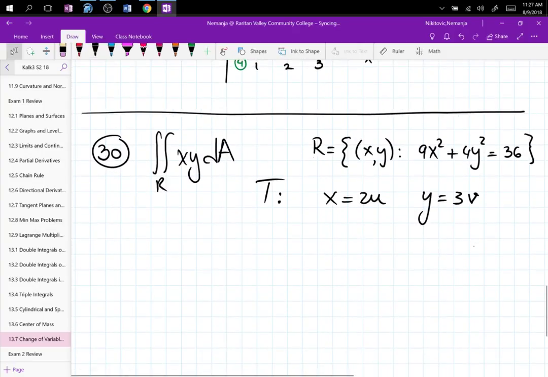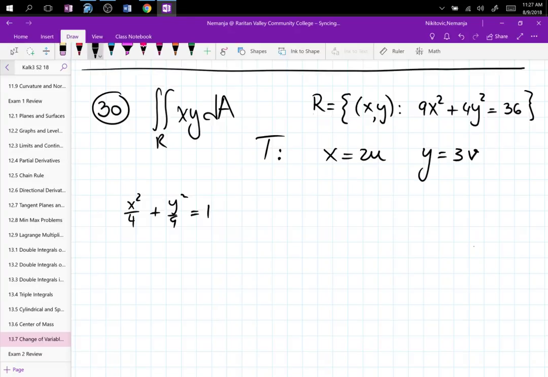So to transform the region, if you draw this, you are going to get one continuous ellipse. So there is really not much in terms of the shape that we need to do. You can divide everywhere by 36 and get x squared over 4 plus y squared over 9 equals 1. And this gives you 2 units in x and 3 units in y.